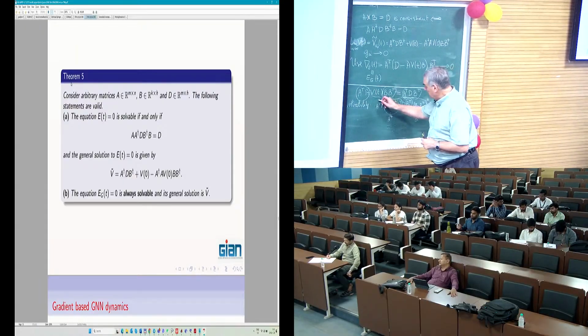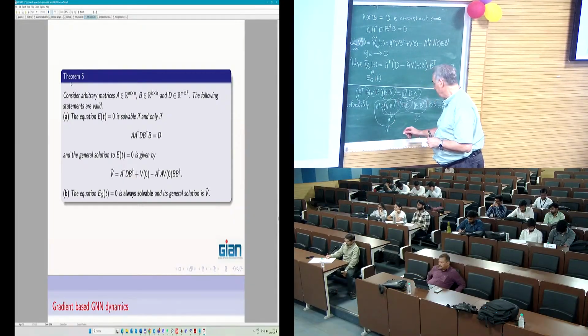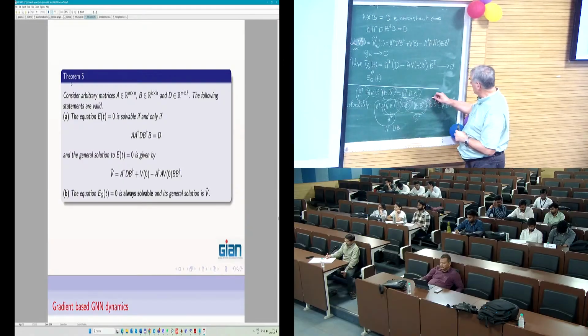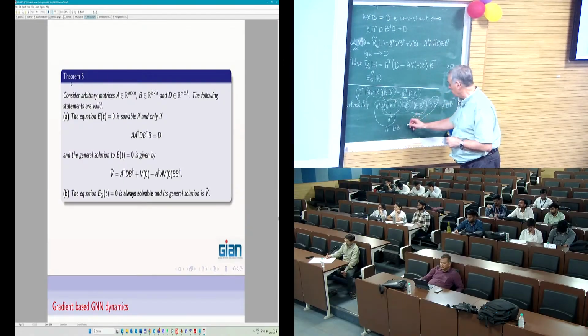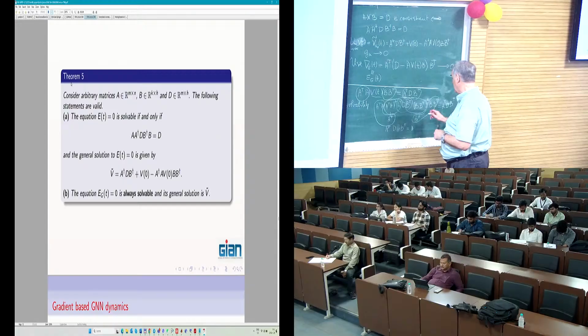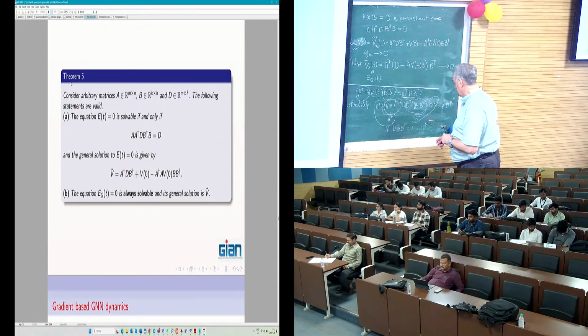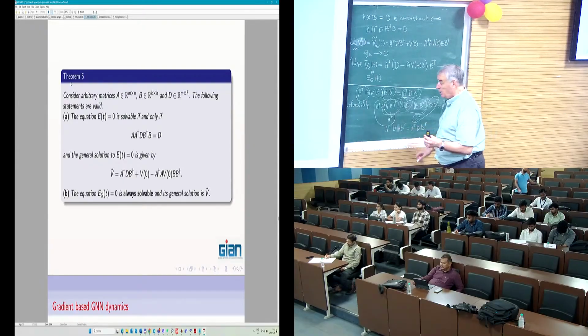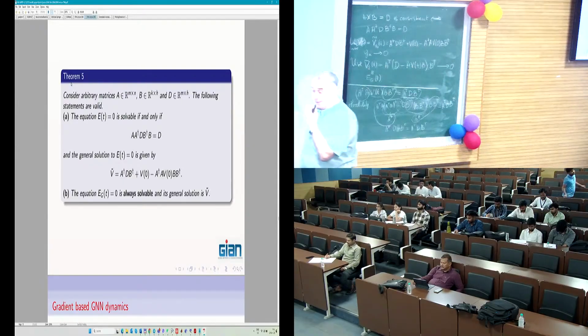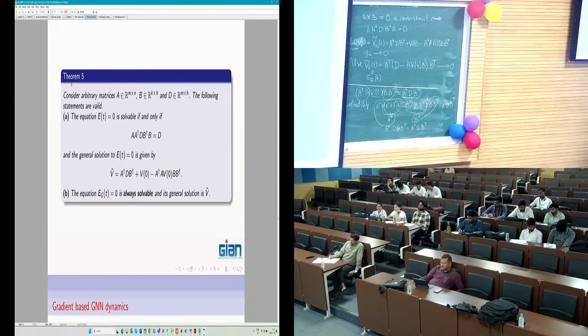A transpose D B transpose is equal to B transpose B dagger B transpose, so there are no conditions for applicability. The equation for G of T has no conditions.